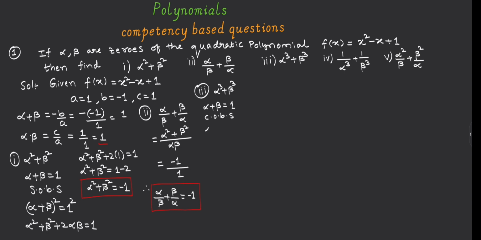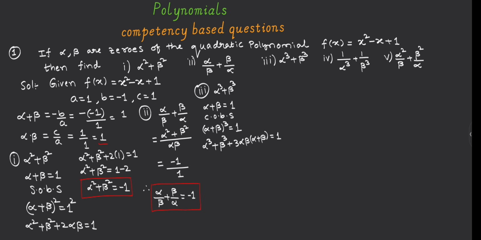So here we get alpha plus beta whole cube is equal to 1 cube, and 1 cube is 1 itself. Now we use the a plus b whole cube formula. The a plus b whole cube formula is alpha cube plus beta cube plus 3 alpha beta into alpha plus beta.